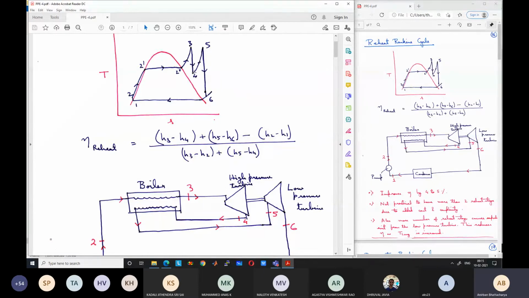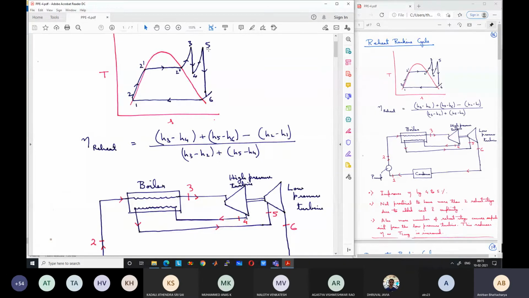If this point comes within the two-phase region, we will find the quality. If it is outside the two-phase region, we will find the temperature from the superheating table. Then at point 5, typically the temperature is kept same as that at point 3.